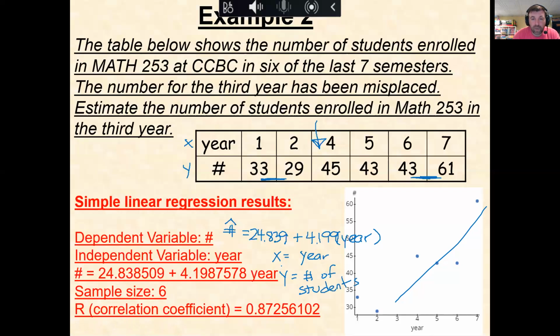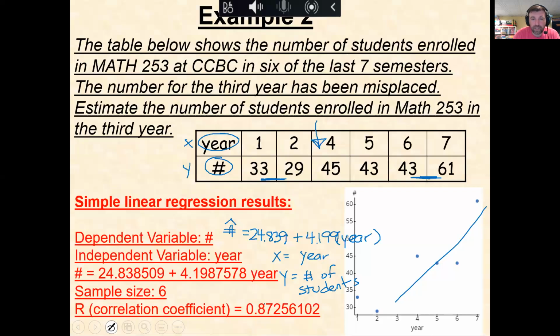If you use x and y, you have to do that. If you don't use x and y, if you actually use the words number and year, then you don't need to, because I could see where the year is, where the number is. But if you just use x and y, I don't know which one's which. So you would have to say x represents this, y represents that, somewhere in the problem. Okay, but that would be your equation.